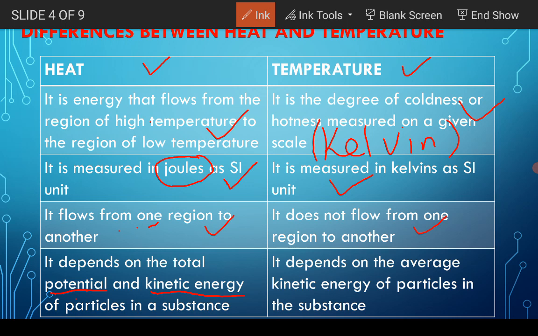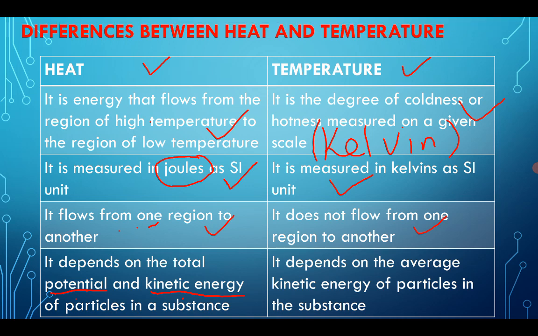Potential energy plus kinetic energy will determine the amount of heat contained in a substance. So heat depends on the total of the potential and kinetic energy together.